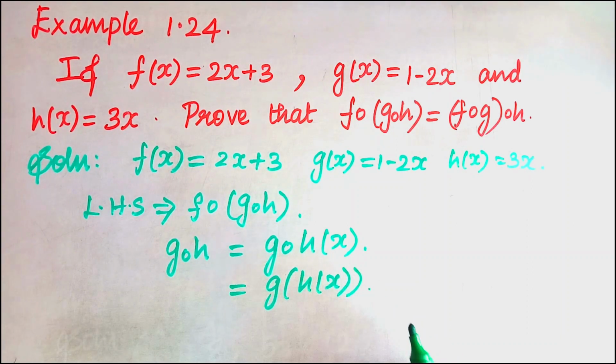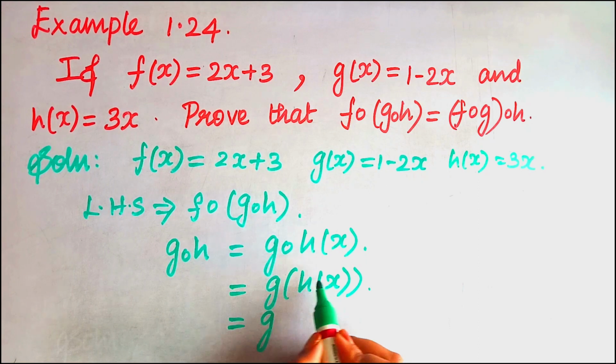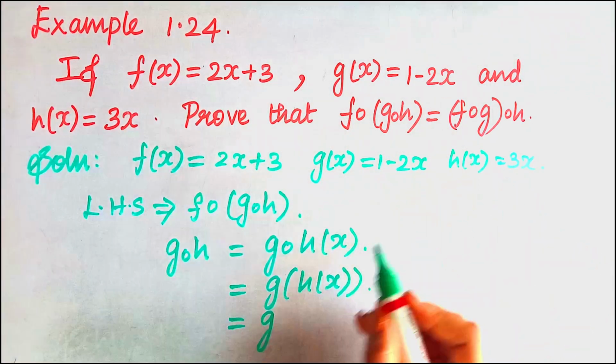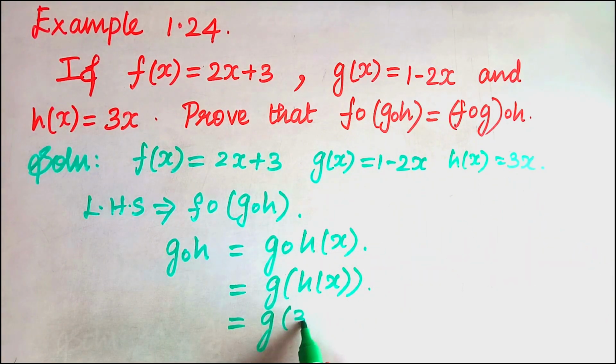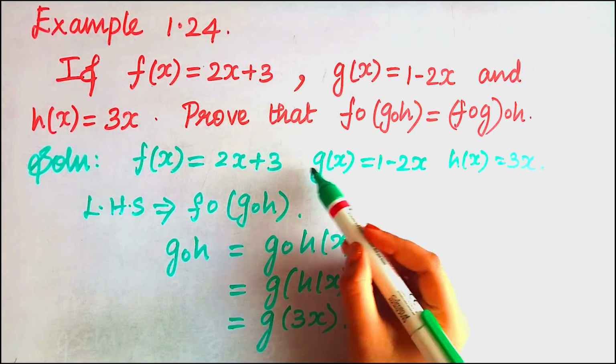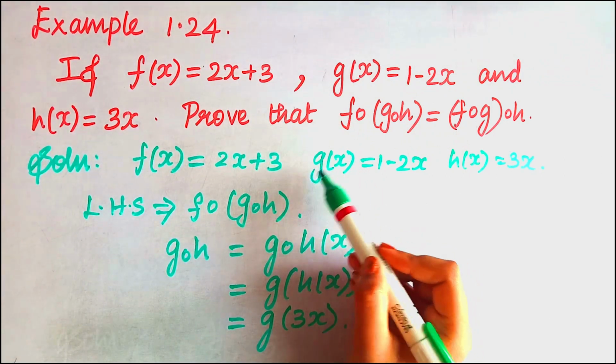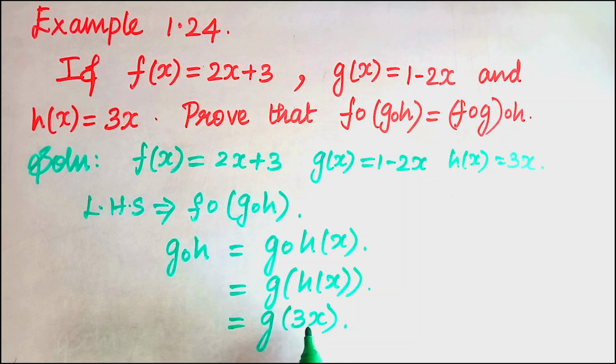This is as per our definition of composition of functions. Now you see here h of x is already given in the question, which is 3x. So let's substitute that here. Now here we got a function g. Let's search for the function g. So it's here, but here is g of x and here it is g of 3x, right?